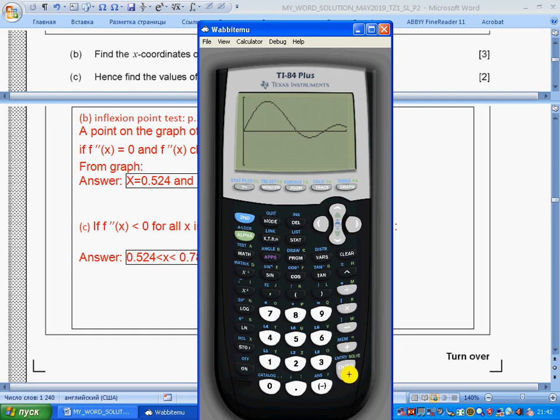Guess. And we get 0.524, so we copied 3 significant figures. This is one point, and for the second point, again second trace, 0. Now we show the left and right boundary of the second 0 point.